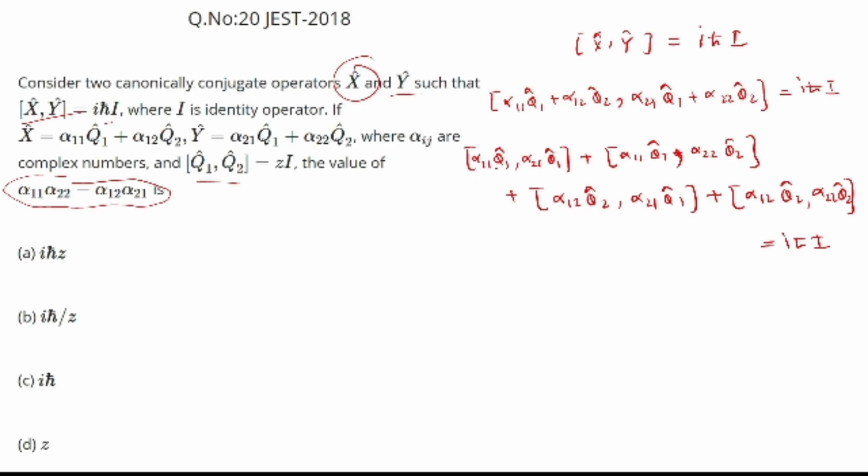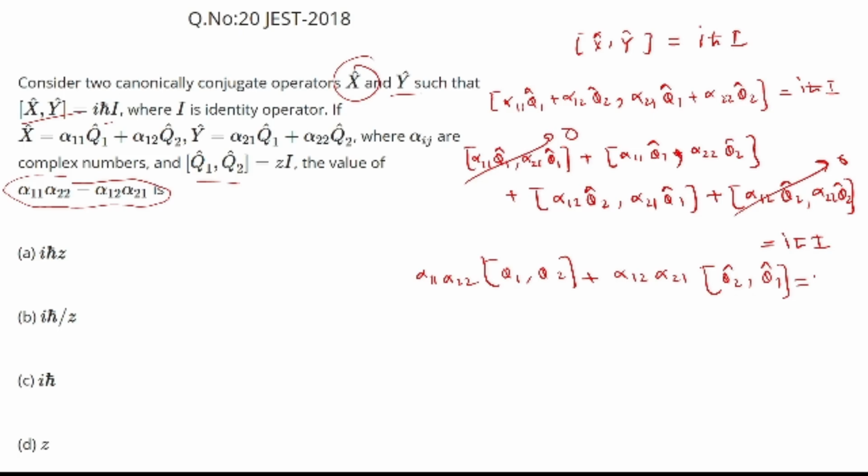Now we can take common out since alphas are constant values. q1 with q1 commutes, so it will be 0, and similarly q2 with q2 is also 0, so only the remaining terms are there. There is alpha 11 alpha 22, which can be taken common since they are constant terms, into the commutator of q1 q2, and plus alpha 12 alpha 21 into the commutator of q2 q1.